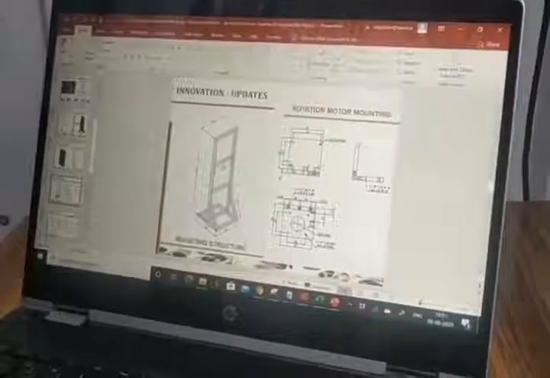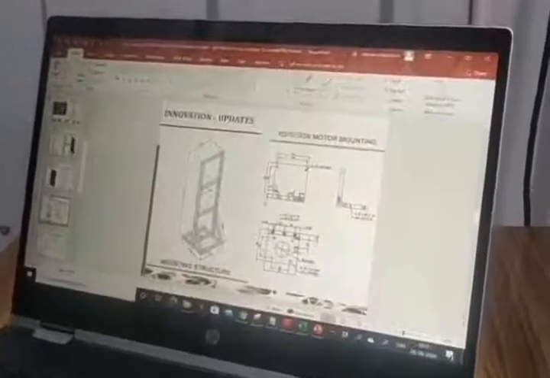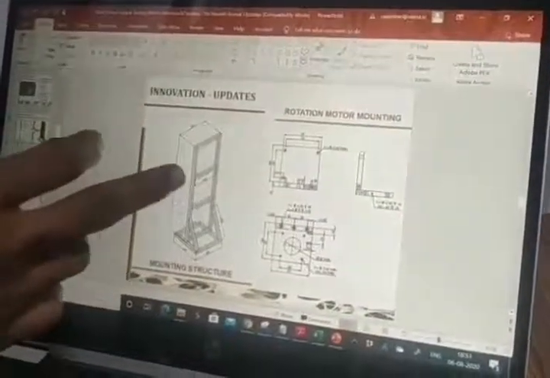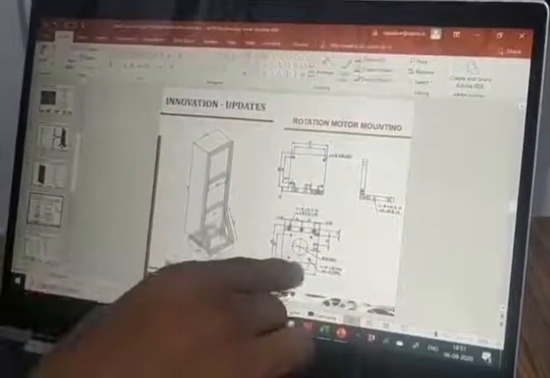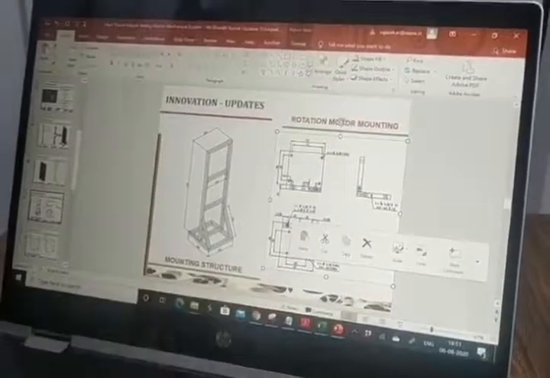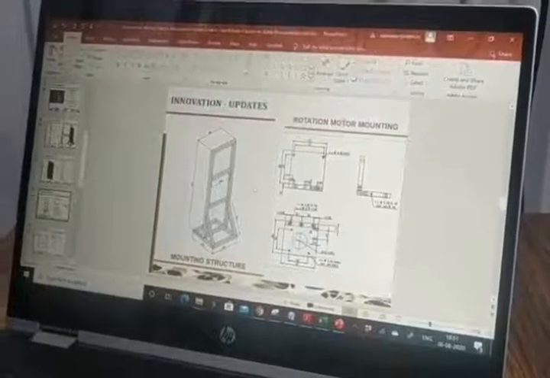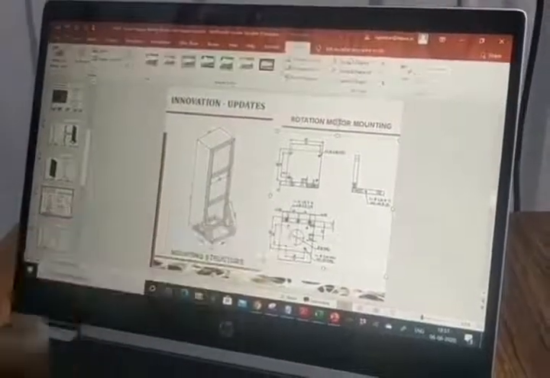This is the main frame of the project. The plates and motors will be supported here only. These parts will hold some drive motors, and here we'll fix the motor shafts.